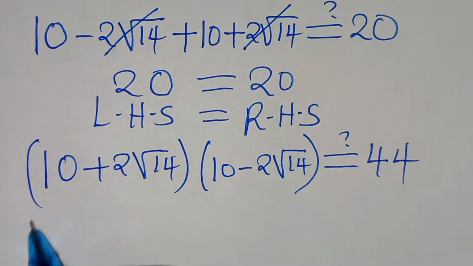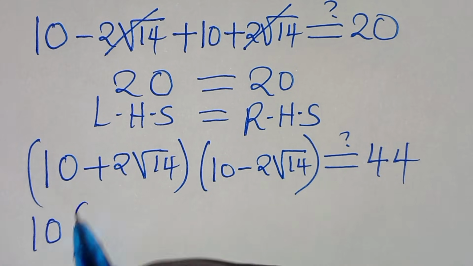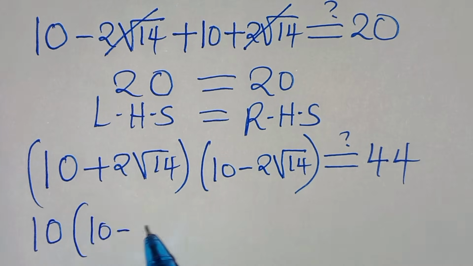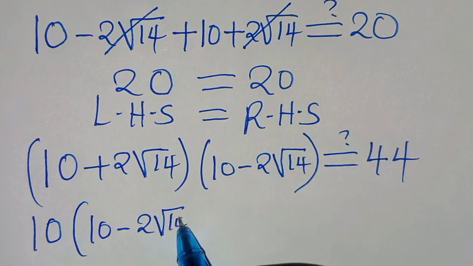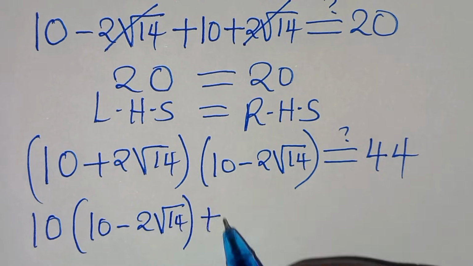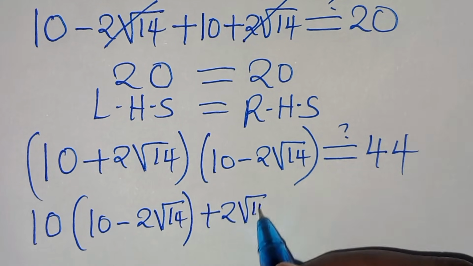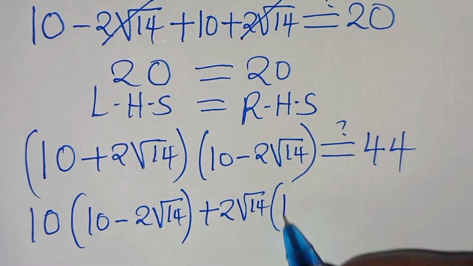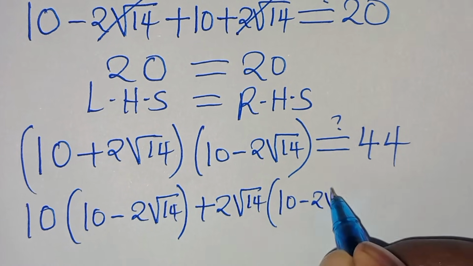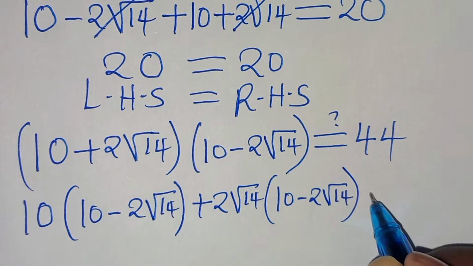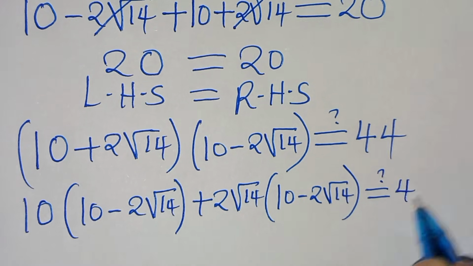Now we have 10 multiplied by 10 minus 2 square root of 14, plus 2 square root of 14 multiplied by 10 minus 2 square root of 14.